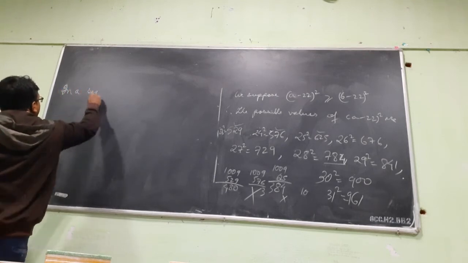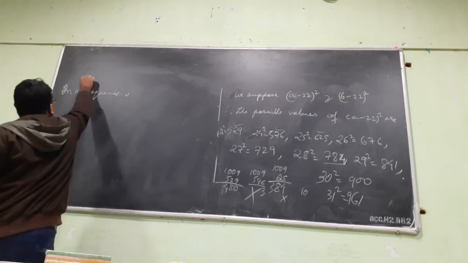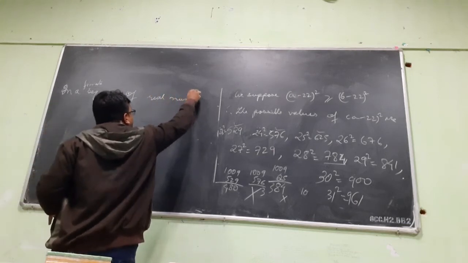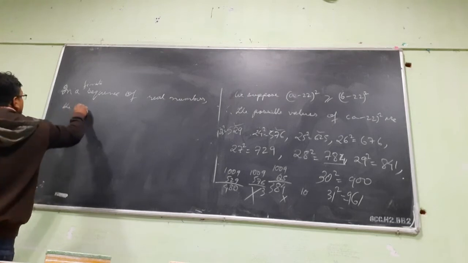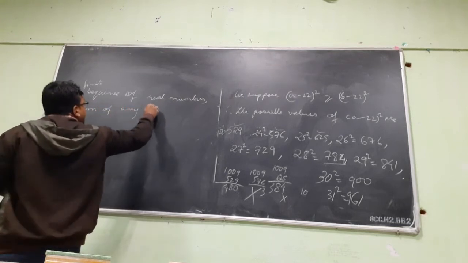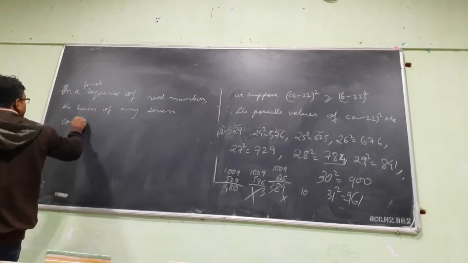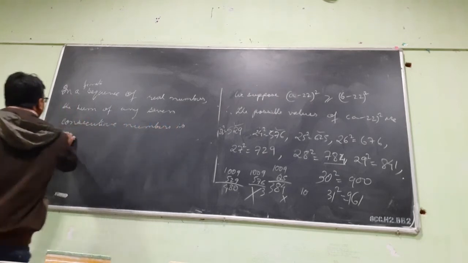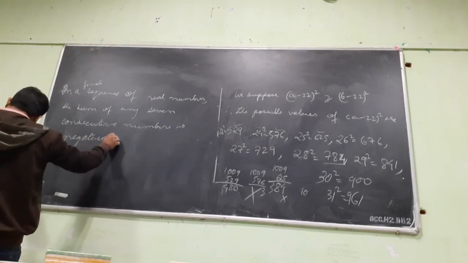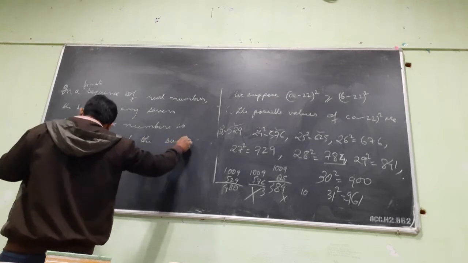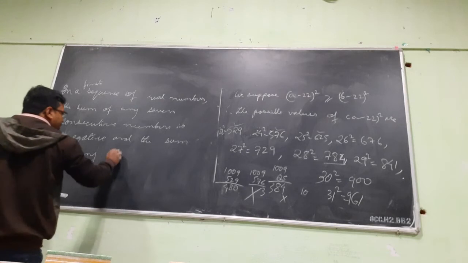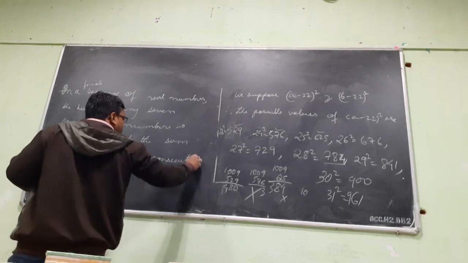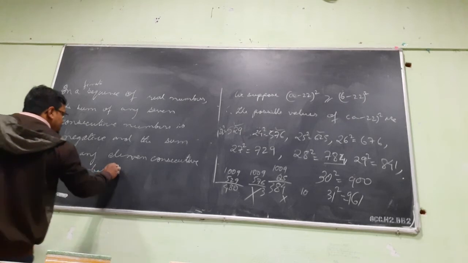In a finite sequence of real numbers, the sum of any 7 consecutive numbers is negative, and the sum of any 11 consecutive numbers is positive.